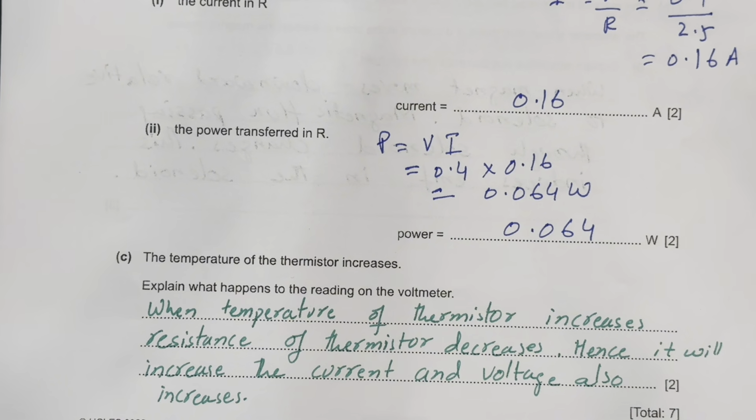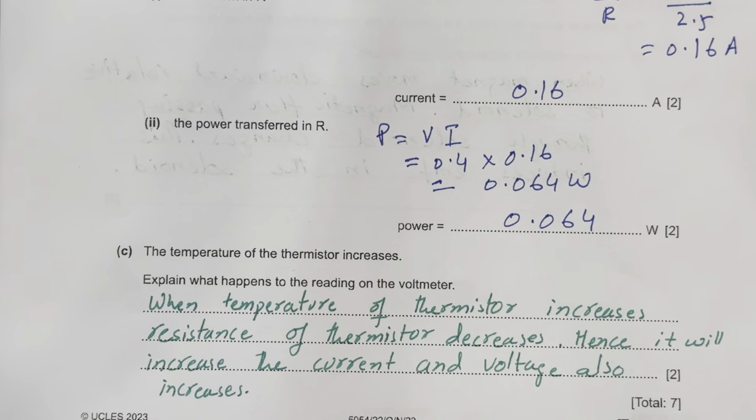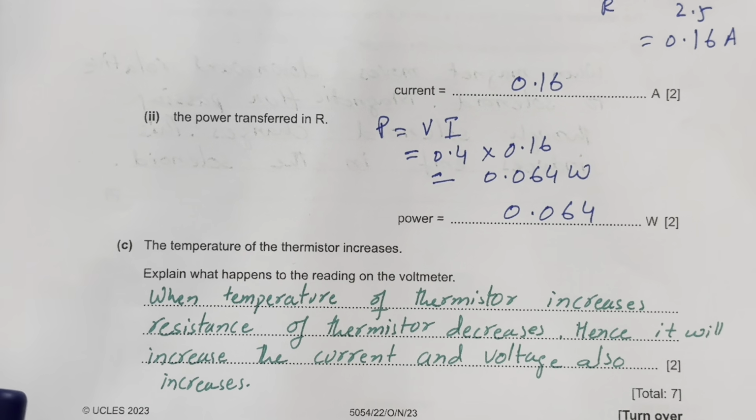You're gonna increase the temperature, the resistance of thermistor would decrease. So this is how the current will flow more, and the voltage also increases. So we're gonna write over here, when the temperature of thermistor increases, resistance of thermistor decreases, hence it will increase the current and voltage, which also increases.